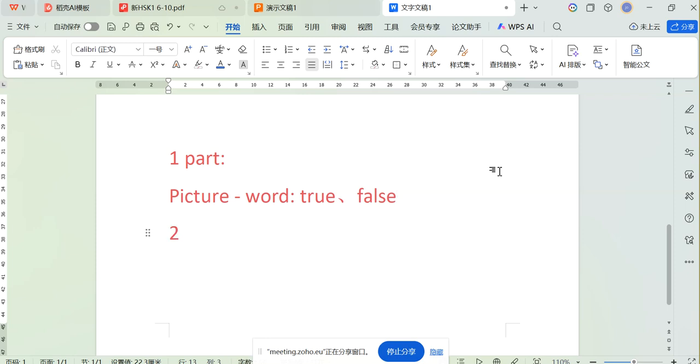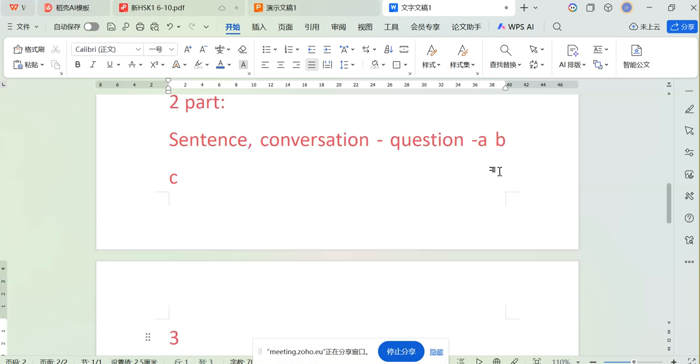And the second part, you will hear a short sentence or short conversation, and I will ask you some questions. You need to choose A, B, C, one of the options.